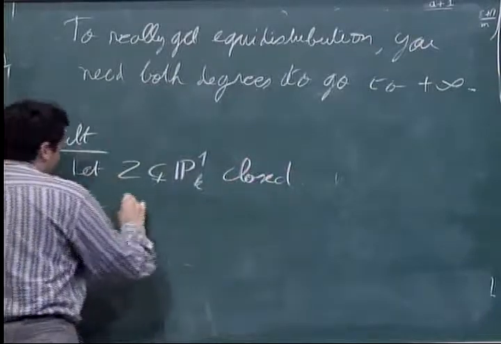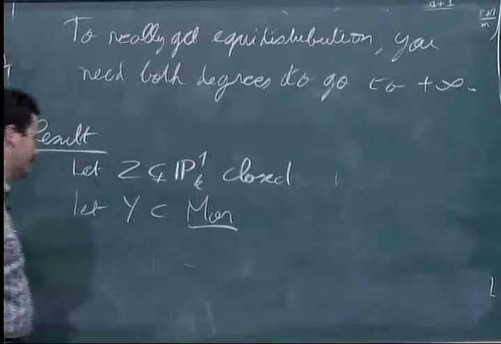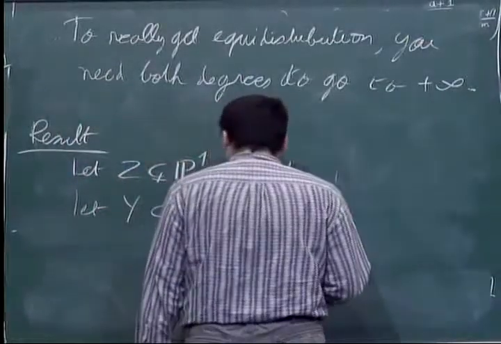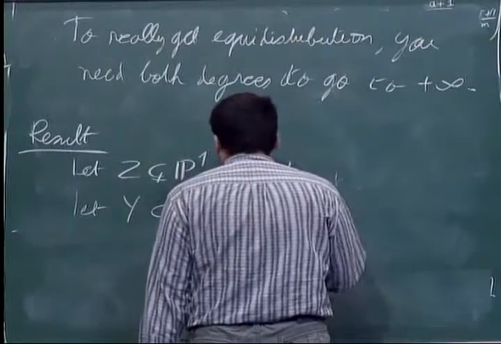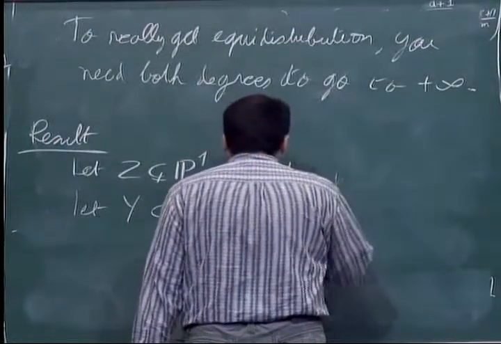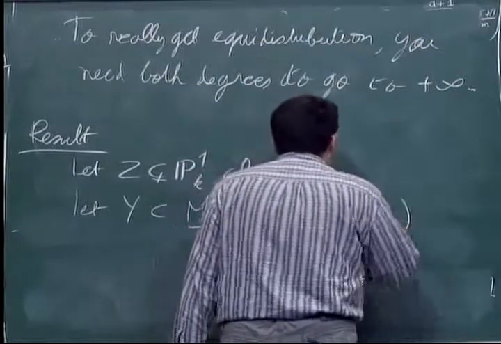Let Y be some subscheme of the morphisms from Z to PA times PB.